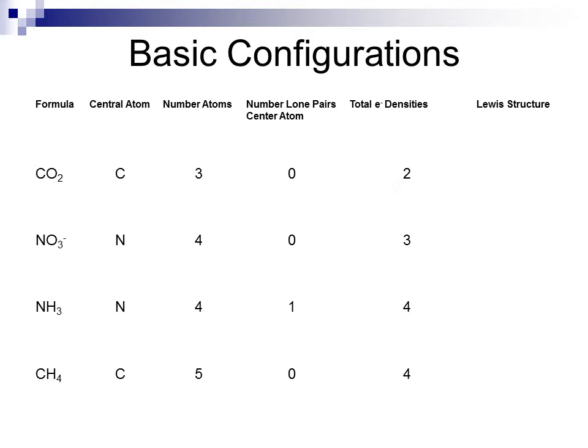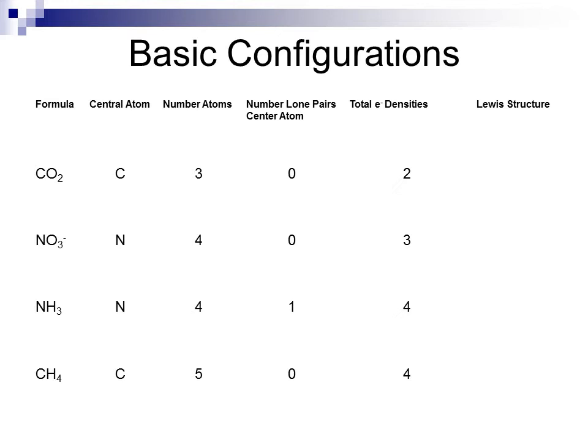CO2, NO3-, and CH4 all have no lone pairs on their central atom. NH3 has a single lone pair. So the total number of electron density regions in each of these molecules is 2 for carbon dioxide, 3 for the nitrate ion, 4 for ammonia, and 4 for the CH4 methane molecule.